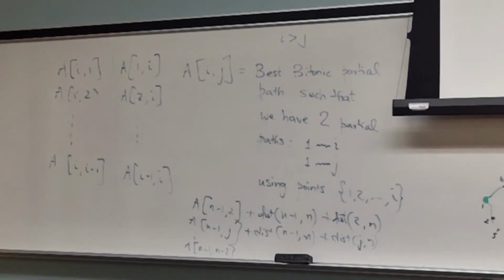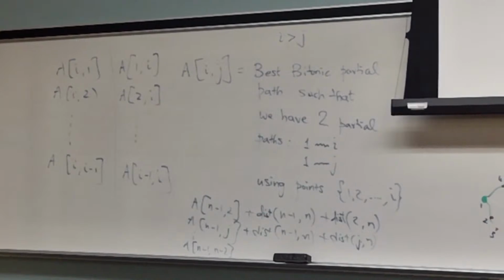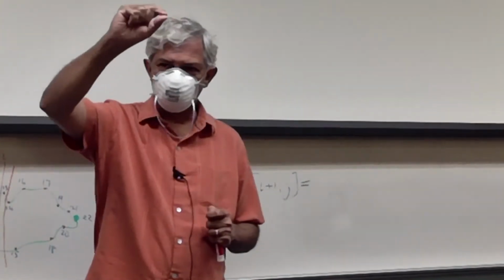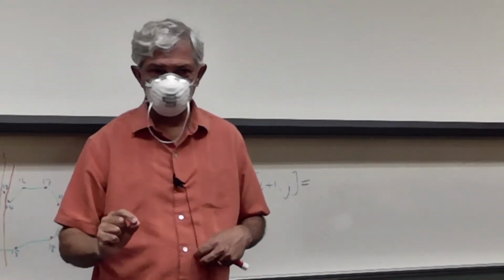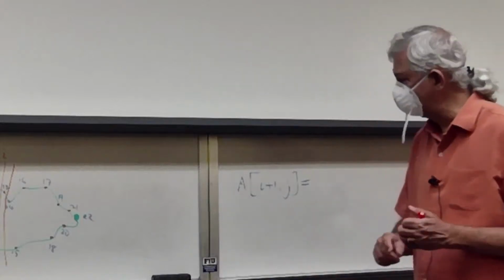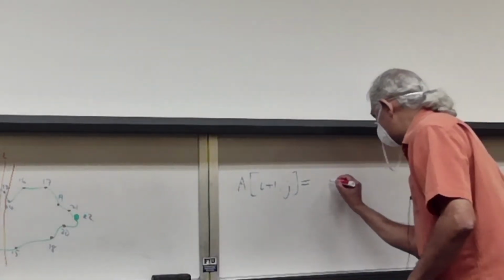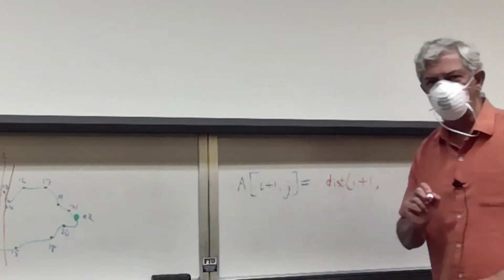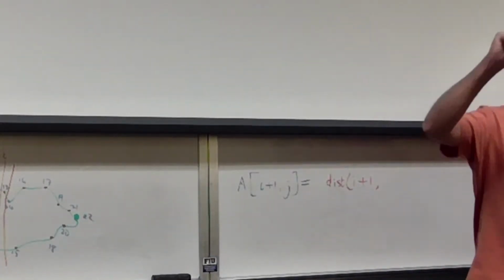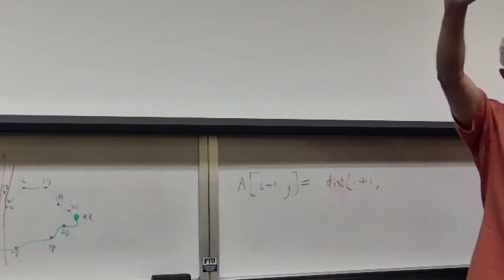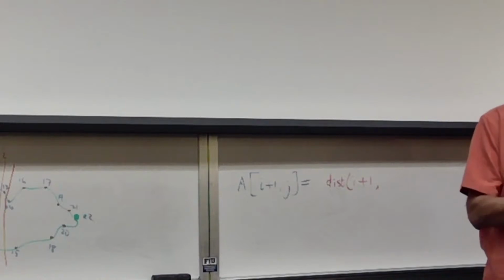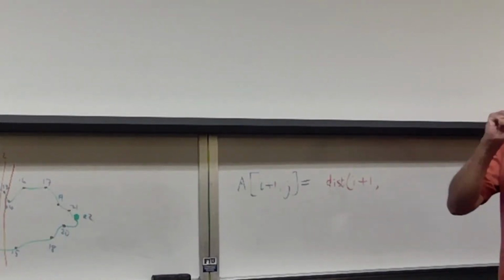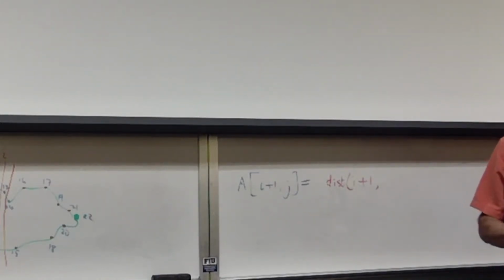So we want to add in I plus 1. I plus 1 might go to the upper path or the lower path. So what we're going to need is the distance from I plus 1, that's the new one we want to add, to whatever is the last guy on the top path, or whatever is the last point on the bottom path. We don't know which one.